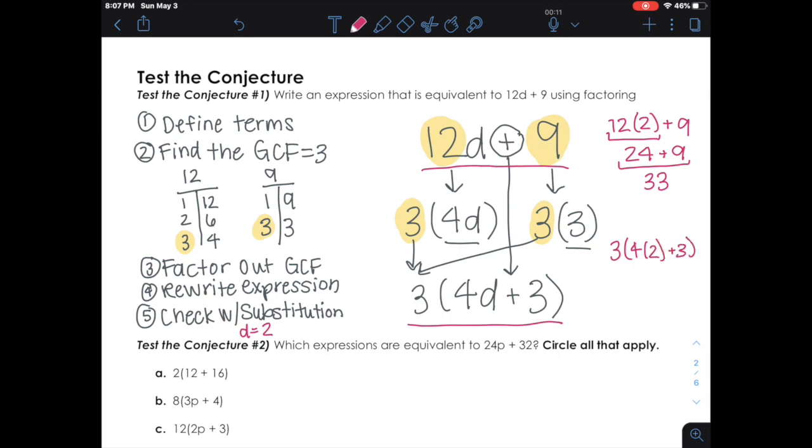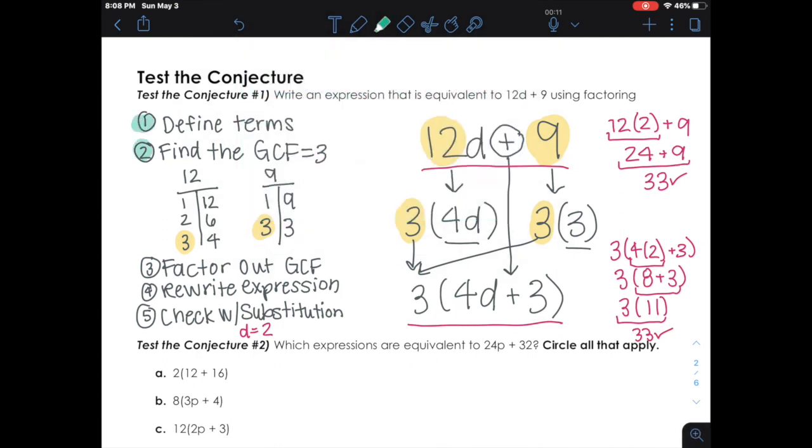Which is 2 plus 3, is 11, and then we have to multiply by 3, giving us an answer of 33. Our answers are exactly the same.